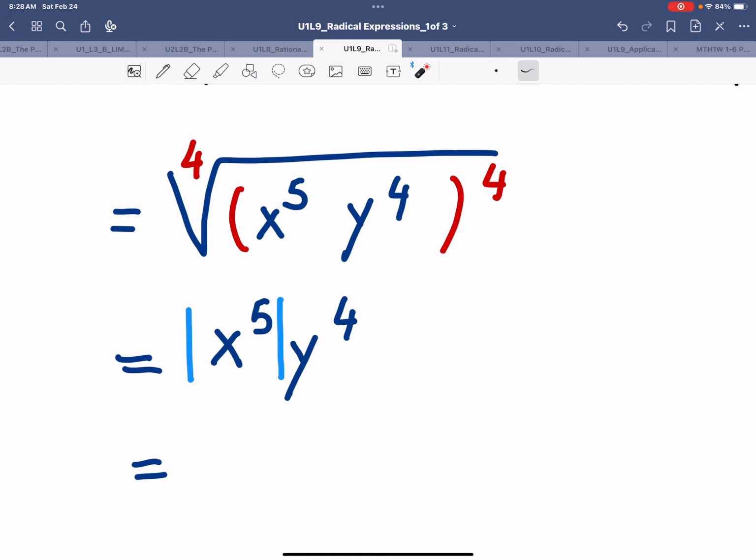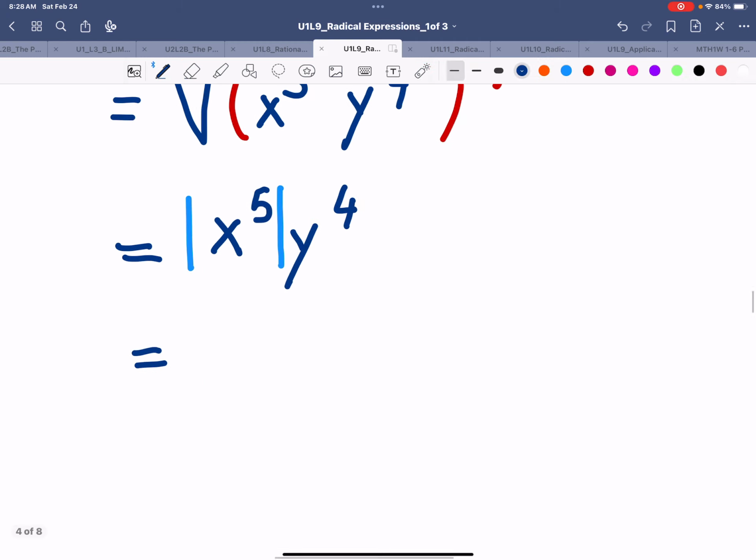Now there is something else that we can do to simplify this answer. Notice how we have the absolute value of x to the power of 5. 5 is quite a big number. So we can simplify this a little bit further by rewriting x to the power of 5 as x to the power of 4 times x to the power of 1, and then y to the power of 4.